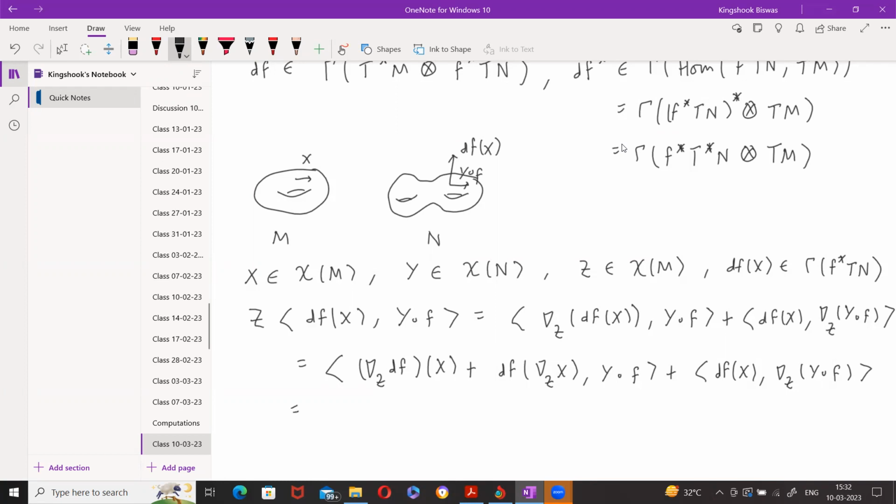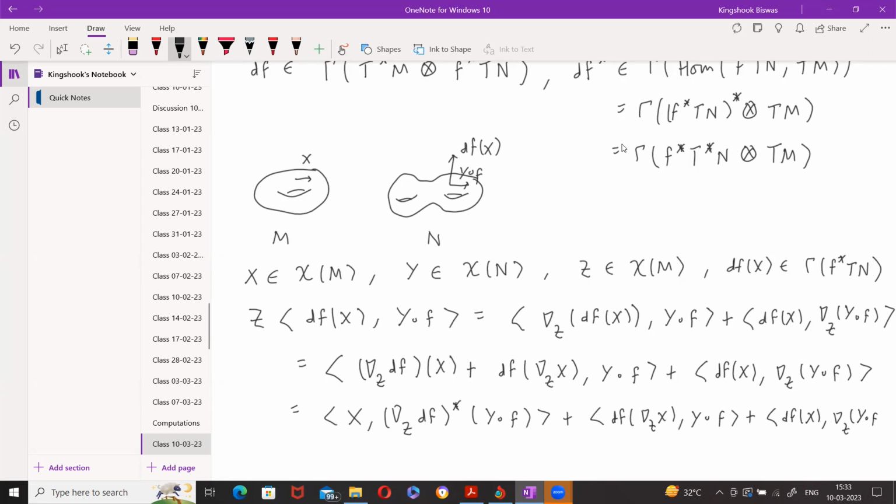So this is going to be the inner product of X with nabla Z Df star of Y composed with f, plus I'll have these other two terms, Df of nabla Z X with Y composed with f, plus DfX with nabla Z of Y composed with f.